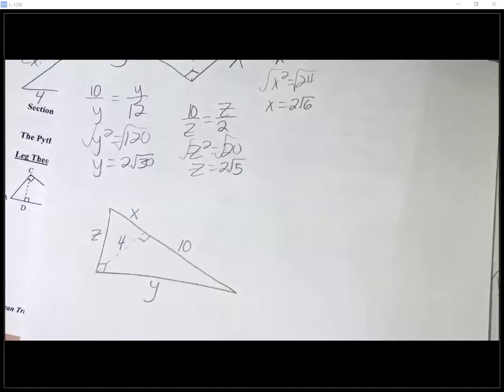So I don't think that there's a way to do this without solving for X first, because then you're going to have more than one variable. So that's my advice. I would figure out what the value of X is first, which you can do. And then you should be able to find Z and Y. Ooh, that's kind of a good one.